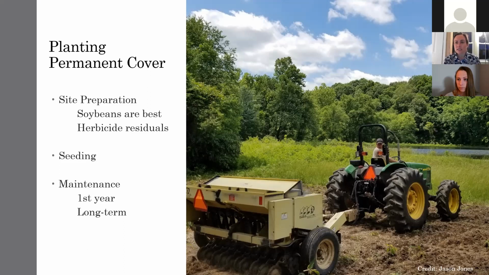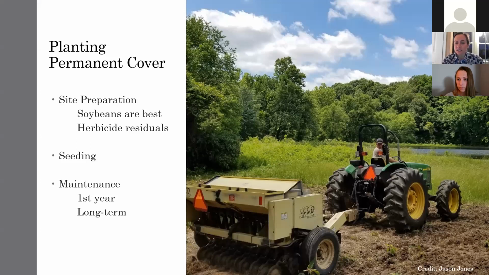If you want to drill the seeds, you'll need to track down a native warm season grass drill to accommodate the fluffy grass seed or the really teeny tiny seed that you find in pollinator habitat. It is a specialized piece of equipment that you need if you really want to drill the seed. But pretty much everybody can find a broadcast seeder of some sort that could also be used to plant these permanent covers.